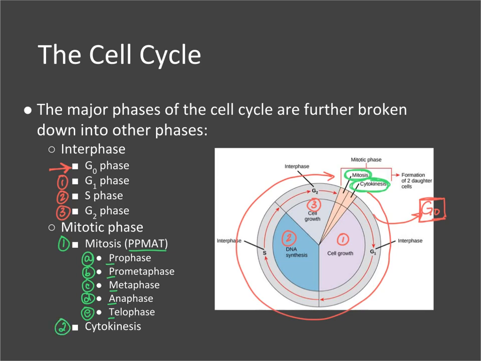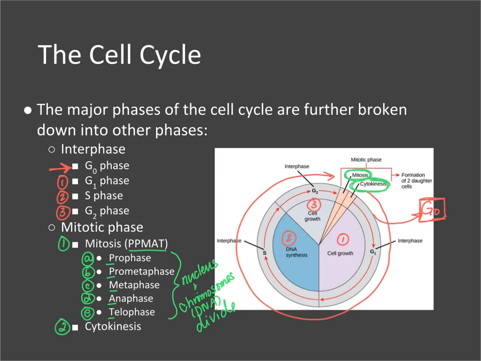Now, the key difference between mitosis and cytokinesis is that during mitosis, you have the nucleus dividing, and you have the chromosomes, which, remember, are housing the DNA. So the nucleus and the chromosomes divide. And then during cytokinesis, everything else divides.